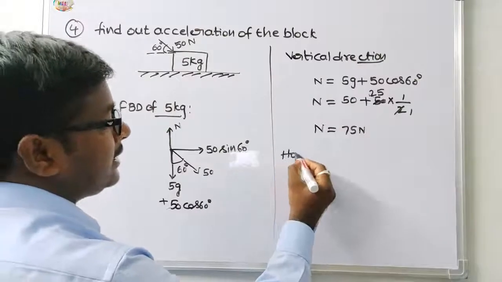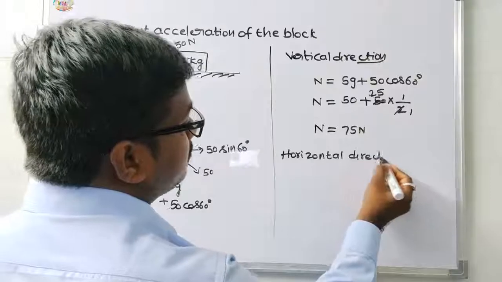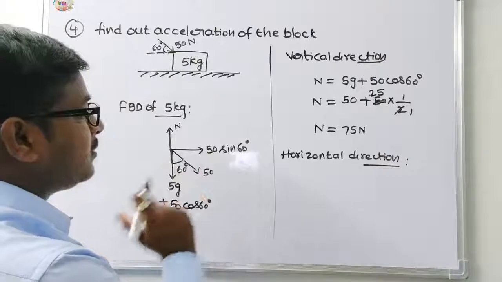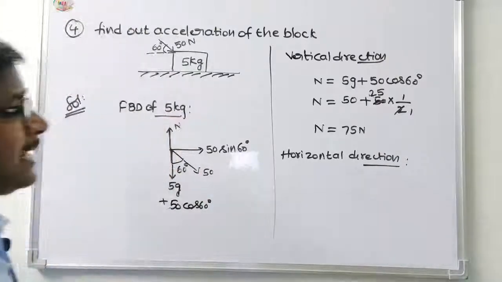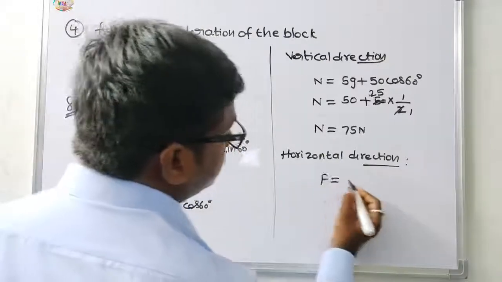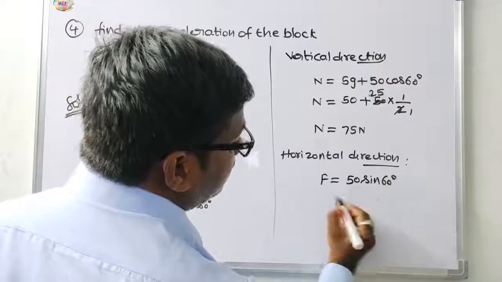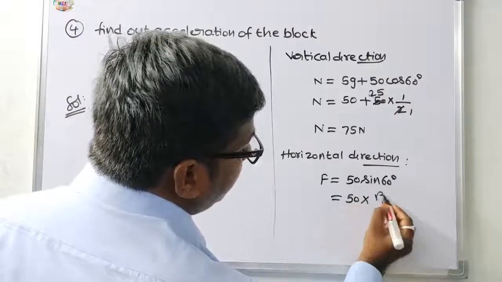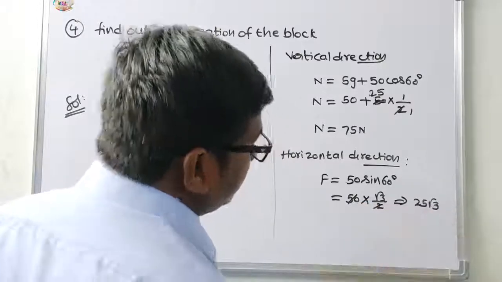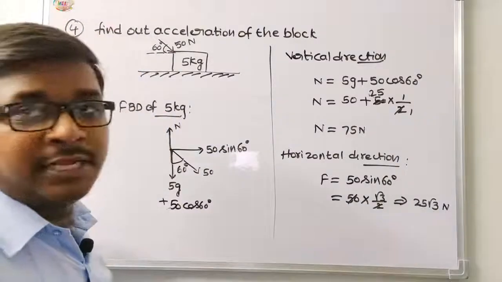Then next, the horizontal direction. The force F is equal to 50 into sin 60 degrees, which is 50 into root 3 by 2, equal to 25 root 3 Newton.